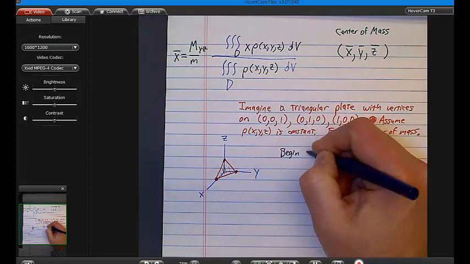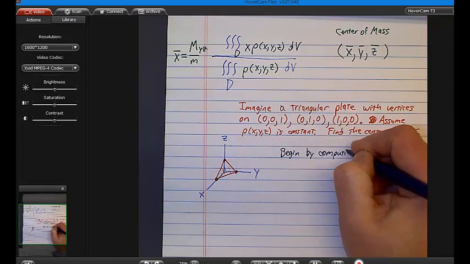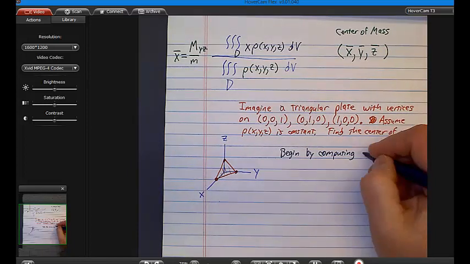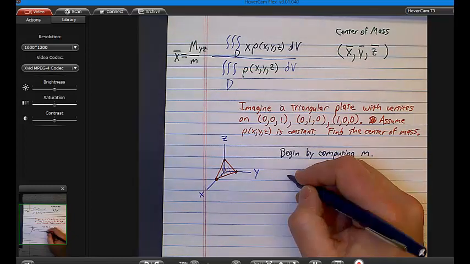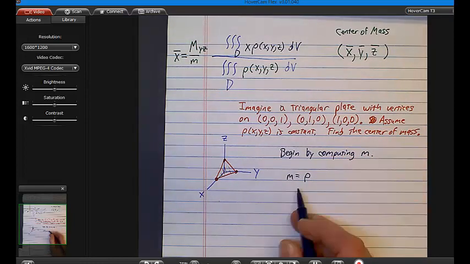Begin by computing, how about we begin by computing little m, the mass? Okay. So let's see. M is going to equal, well, whatever rho is, right?